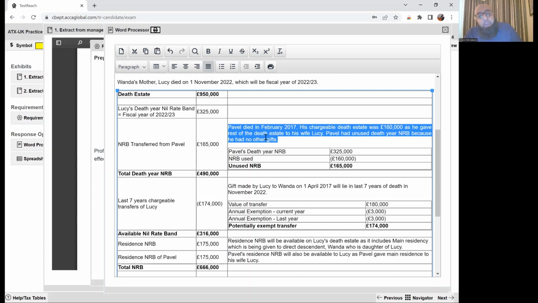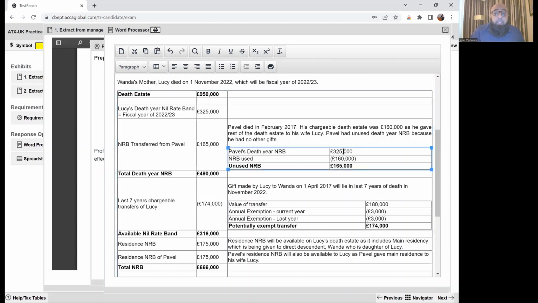So Pavel died in February 17. His chargeable death estate was 160, as he gave the rest of the death estate to his wife, Lucy, which is an exempt transfer. Okay. Pavel had unused nil rate band because he had no other gifts. Pavel's death year NRB is 325,000. NRB used is 160, so unused NRB is 165.